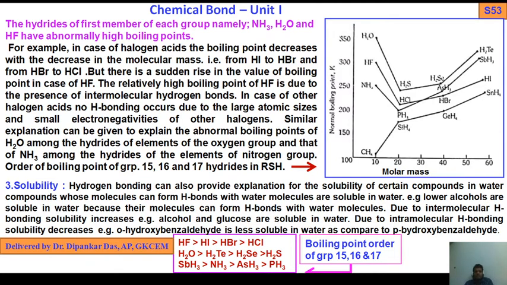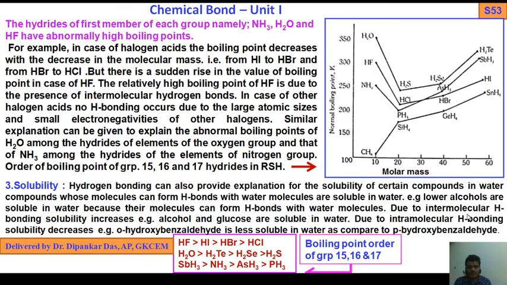Okay, so now come to solubility. Hydrogen bonding can also provide explanation for the solubility of certain compounds in water. Compounds whose molecules can form hydrogen bonds with water molecules are soluble in water. For example, lower alcohols are soluble in water because their molecules can form hydrogen bonds with water molecules.